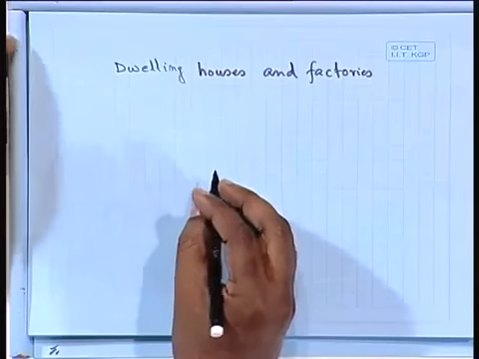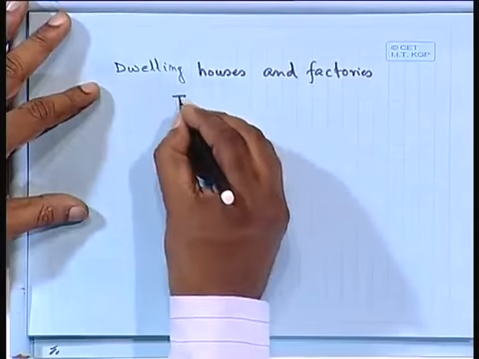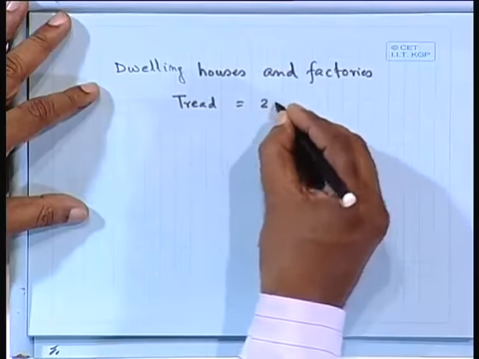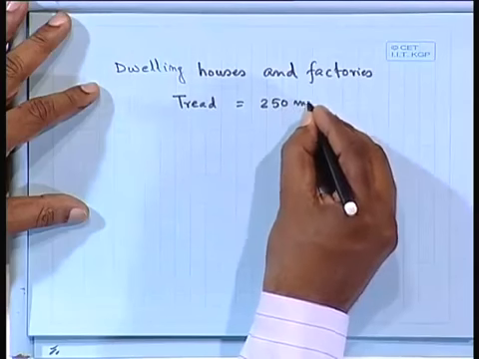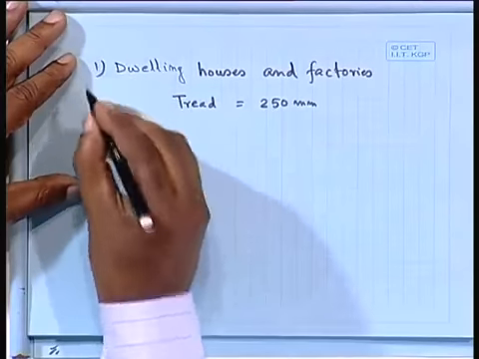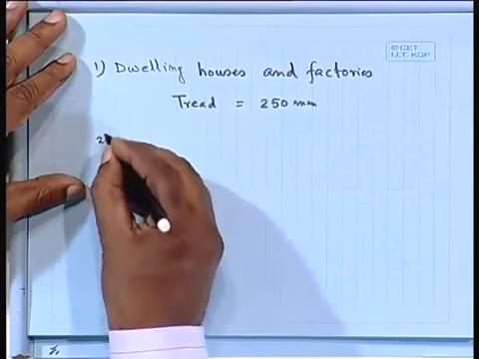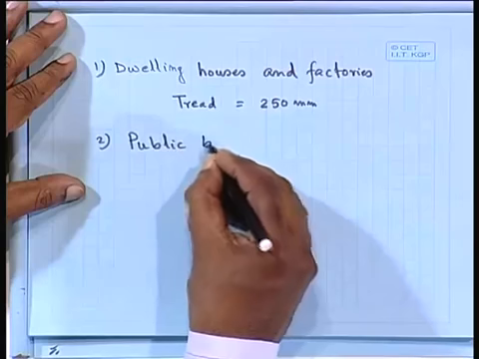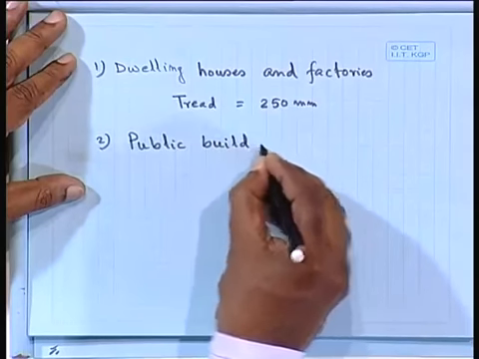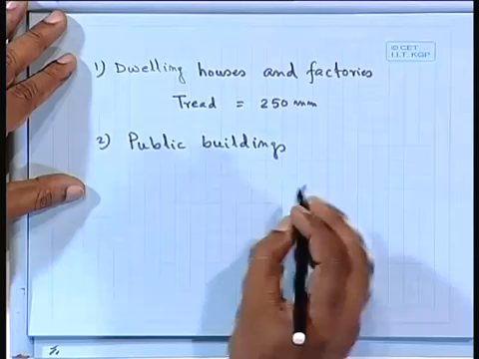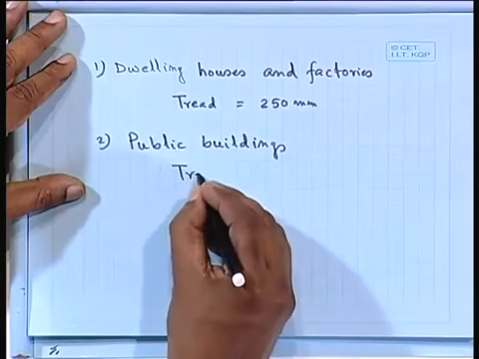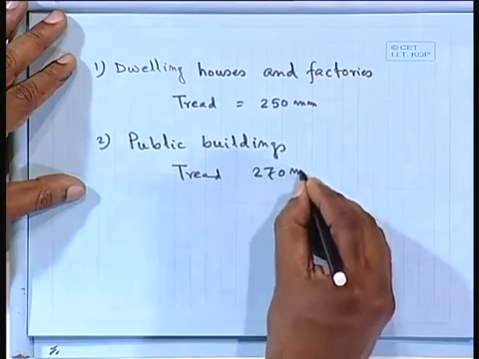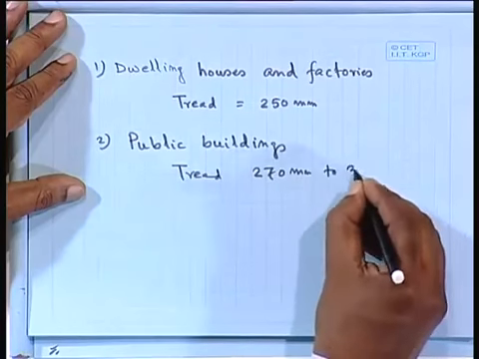If we consider the tread, we can take it as say 250 millimeter, a little less, whereas in public buildings it will be in the range of 270 millimeter to 300 millimeter.